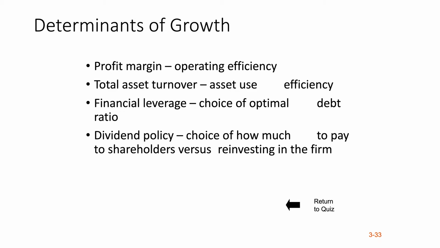Number three is financial leverage: how are you using other people's money, the debt? Or the dividend policy. If you're a high-growth startup company, they pay no dividend and put everything back into investment. So growth is determined by a lot of factors, right?